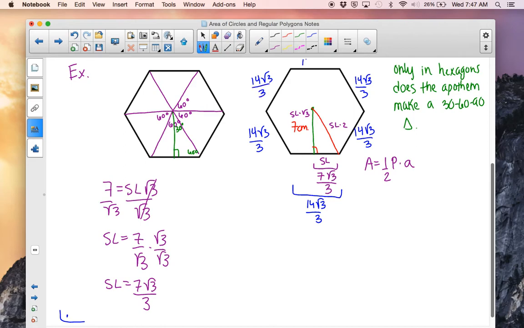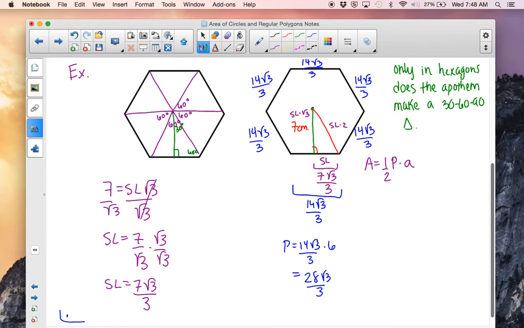And now I know my perimeter. Okay, 14 square root 3 over 3 times 6. Perimeter equals 14 square root 3 over 3 times 6, which gives me 28 root 3 all over 3.